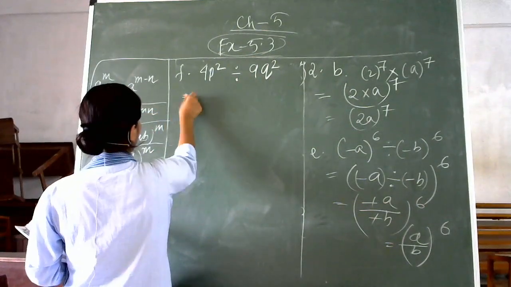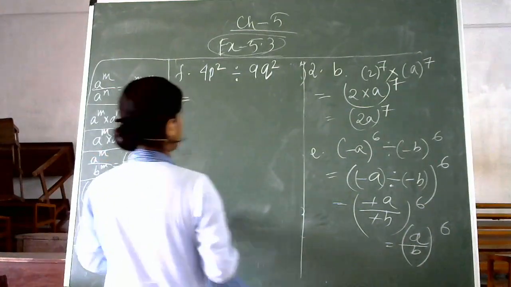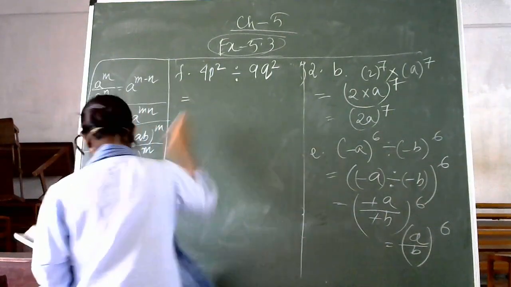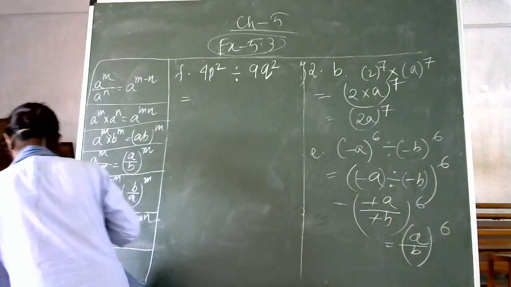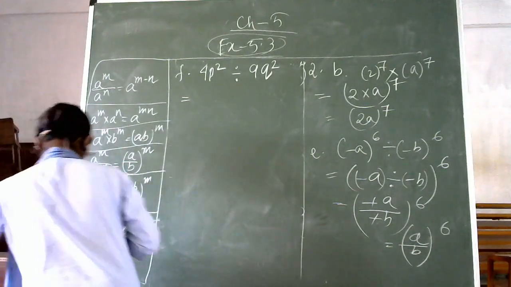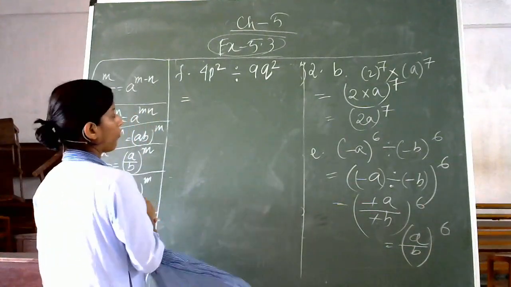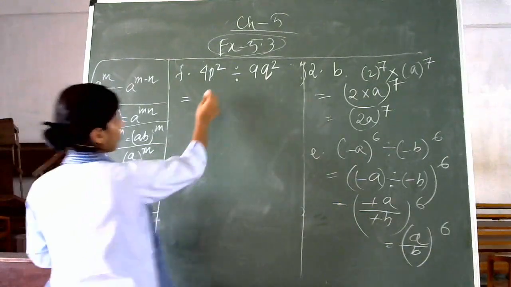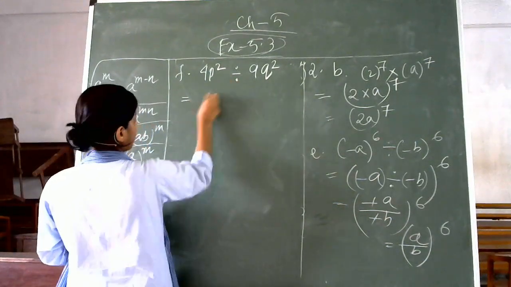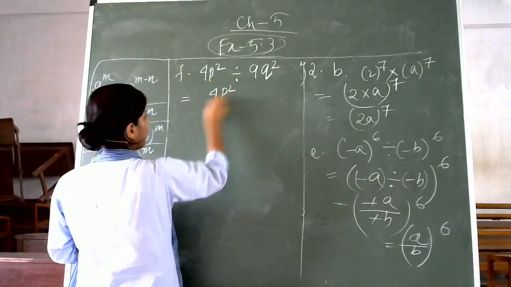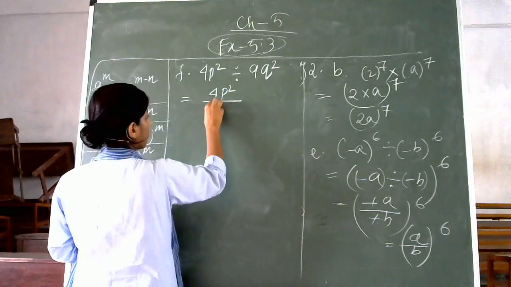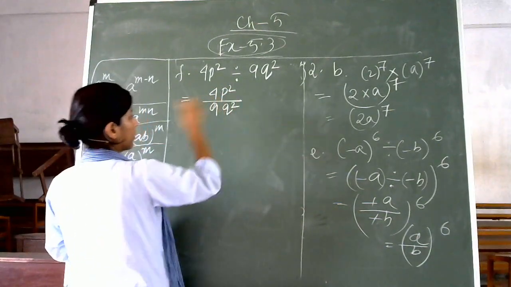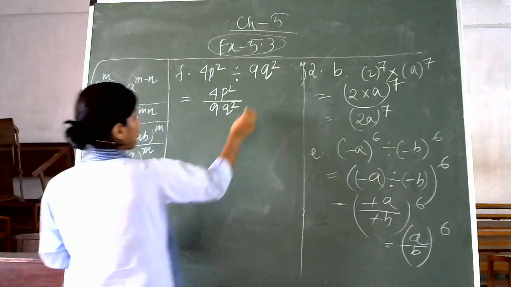Okay. Now here in this case 4p square divided by 9q square. So first we will deal with the division. We can write it like this, 4p square divided by 9q square.